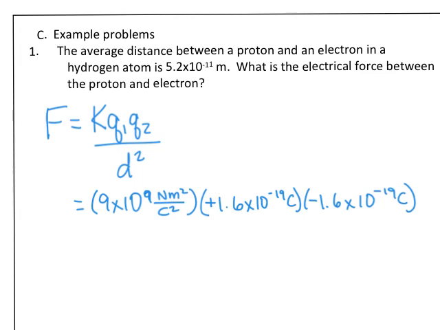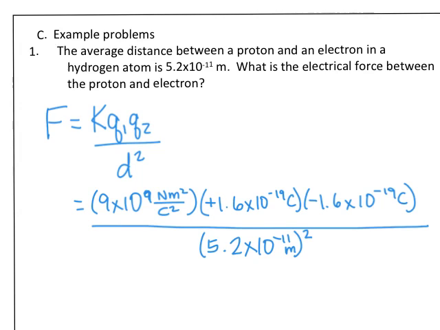From that table, a proton had a positive 1.6 times 10 to the negative 19th coulombs, and an electron's charge was the same magnitude but the opposite sign. Then we want to be sure to divide by the distance that was provided in the problem and then square that number. So take a moment and type that into your calculator and come back and check your answer.